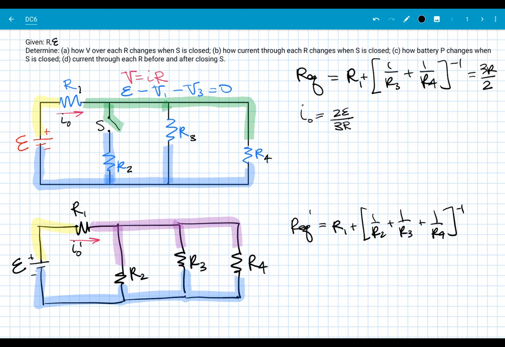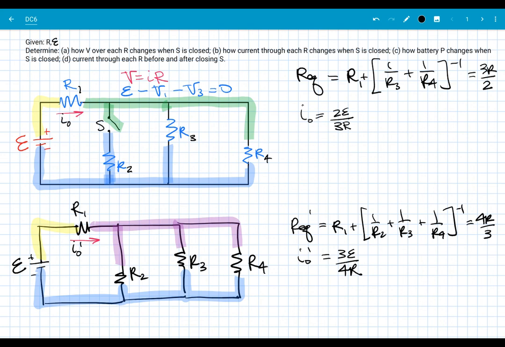And then so this will actually be equal to 4R/3, and my current in the primed case is going to be 3E/4R. All right, so you can see that we're drawing it. You could think of like this 2/3 proportion in I naught and then a 3/4 proportion in I naught prime. So you can see that we're getting more current there.